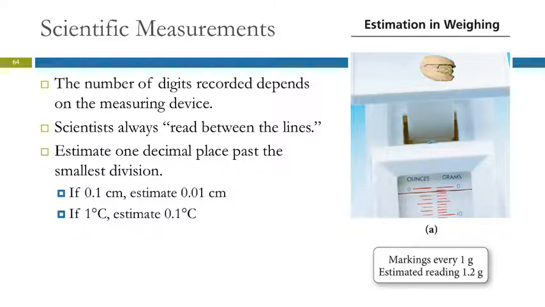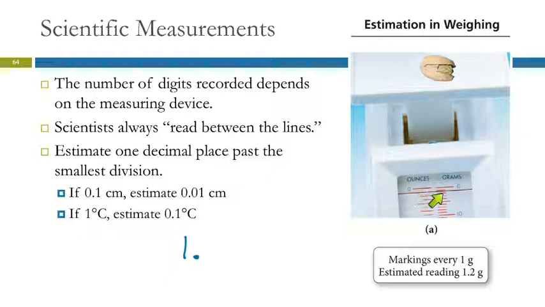Is there any uncertainty in that? No, it's between those lines, right? It's more than 1 gram and less than 2 grams. No doubts about that. So we record 1 point something grams. Because the 1 is what we're certain of, and we're going to estimate the next decimal place.